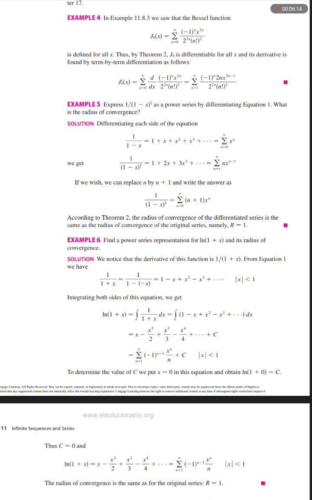The radius of convergence is the same as for the original series, R equals 1.